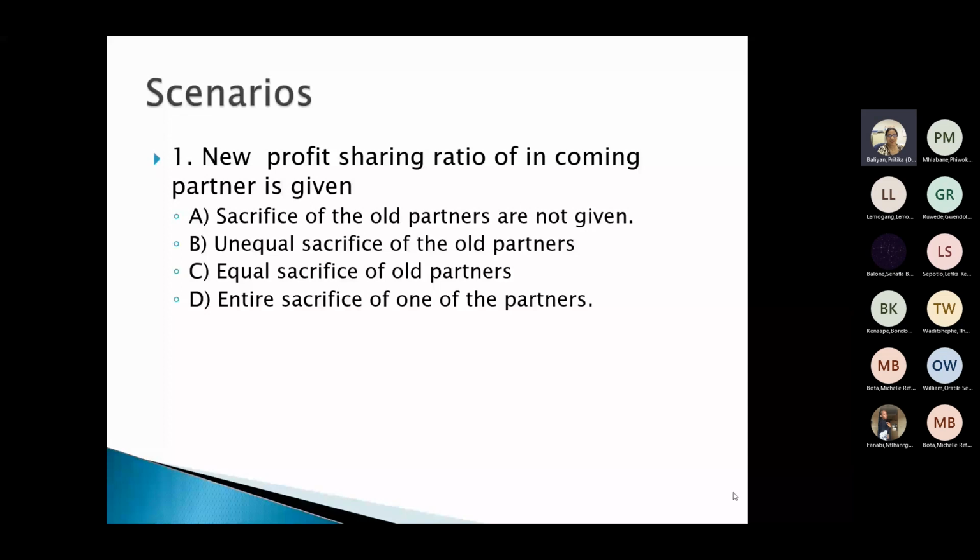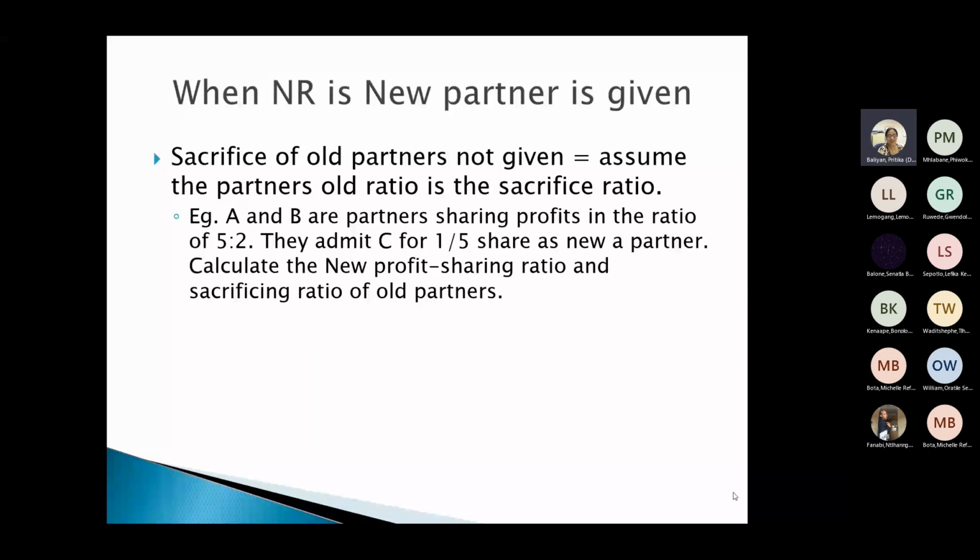When the sacrifice ratio of all partners is not given, how do we calculate the new profit sharing ratio? Like in my earlier example, I was getting 1000, now I'm getting 900, so I sacrificed 10%. But if that is not given, how do we calculate the new profit sharing ratio? See this example.